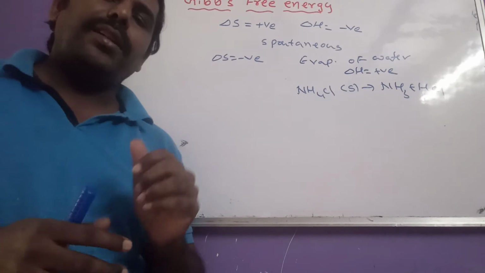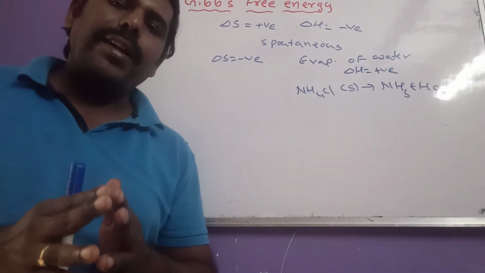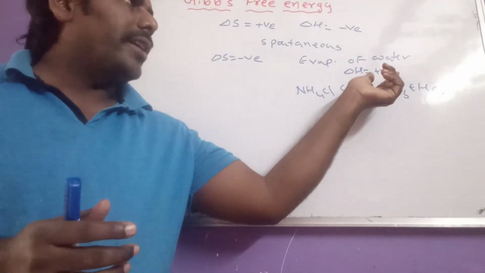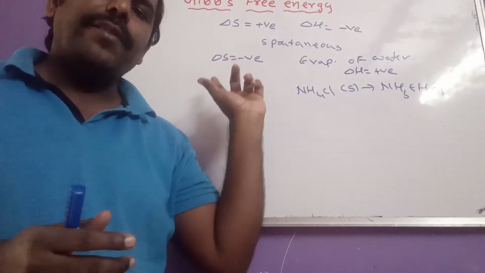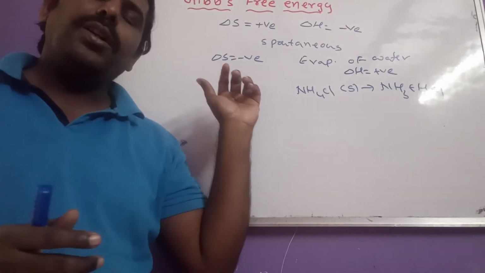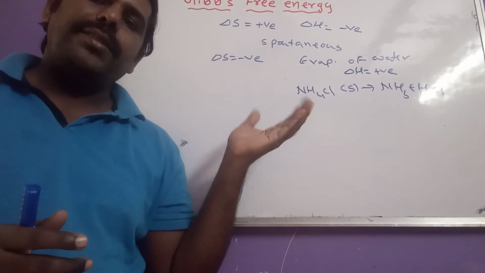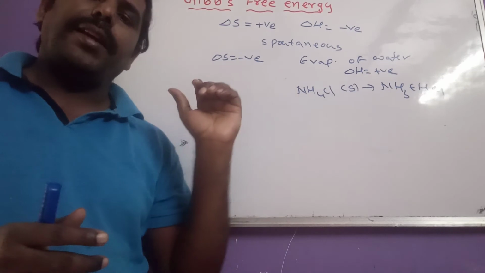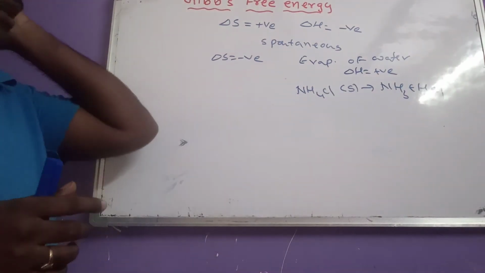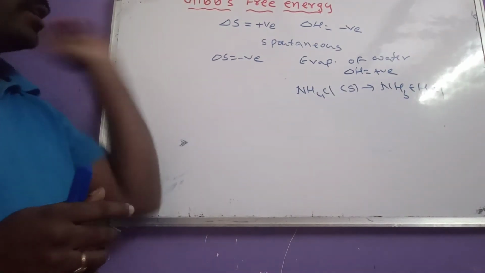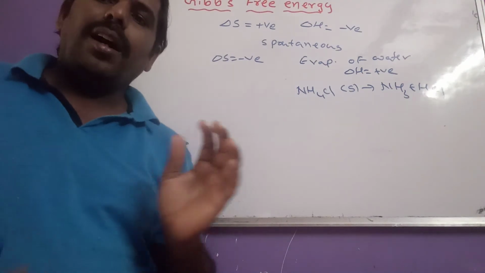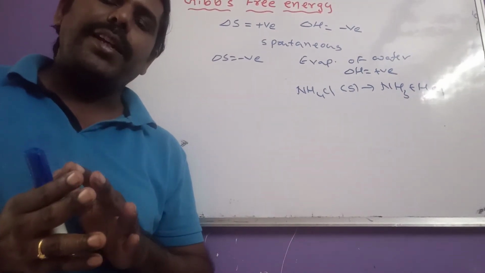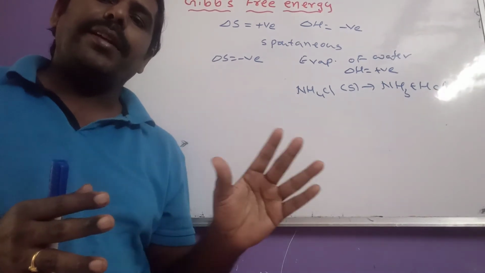They are just required conditions, because even with delta H positive or even with delta S negative, we observe many reactions and processes occurring spontaneously. That means delta H negative and delta S positive are just required conditions for spontaneity, not necessary conditions.